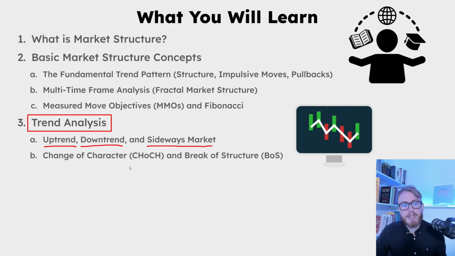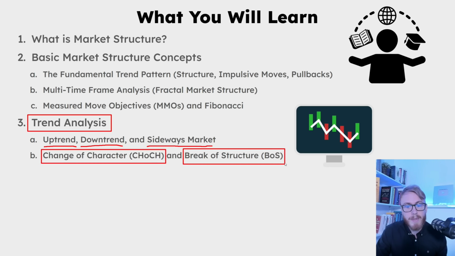After we have a basic understanding of the market states, it's time to dive a little bit deeper here. And two concepts we need to understand are change of character, or for short CHoCH, and break of structure, or for short BoS. In order to really master the uptrend, downtrend, and sideways market, these are concepts we need to understand.